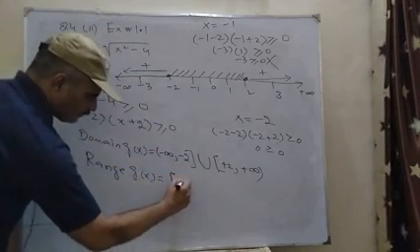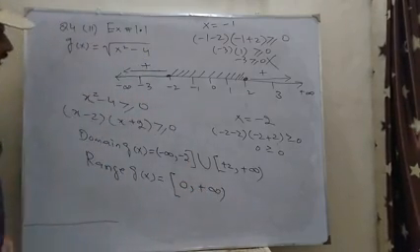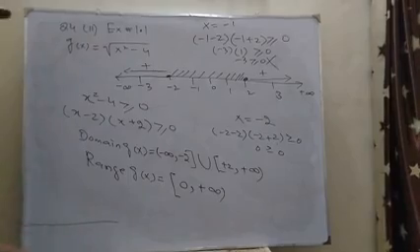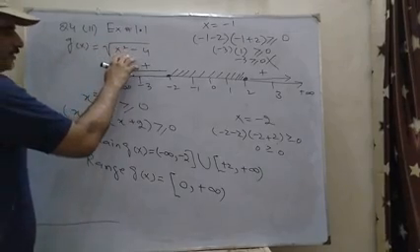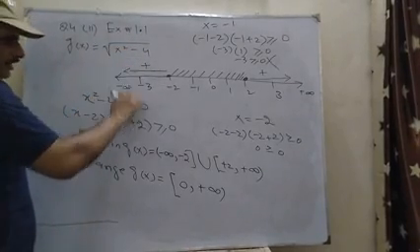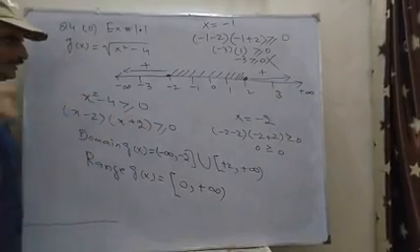So your range will be 0 to plus infinity. The important point in this question is that whenever you are dealing with a radical expression, the radicand should be greater than or equal to 0. So hope you will understand it well.